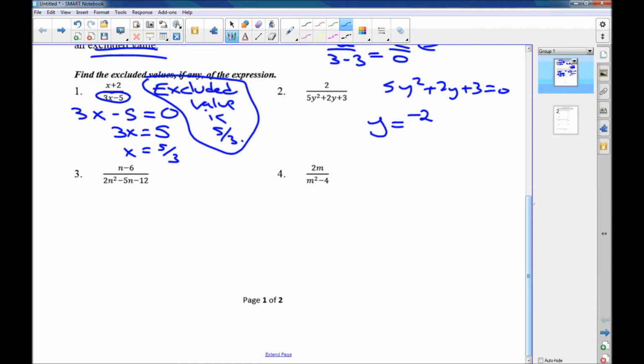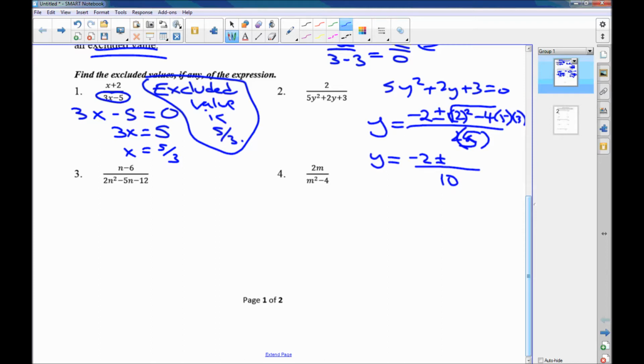So negative b would be negative 2 plus or minus the square root of b squared minus 4 times a times c, all over 2 times a, which is 5's value. Okay, so this will give us y is equal to negative 2 plus or minus something over 10. And this is where a calculator comes in handy.